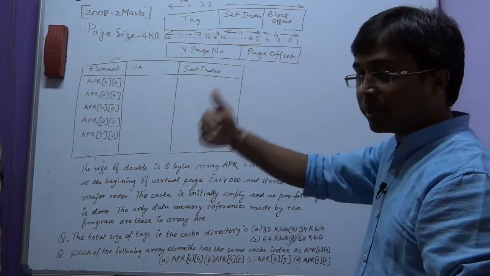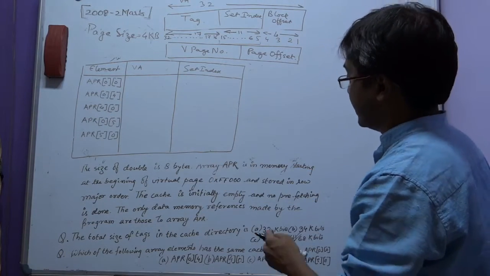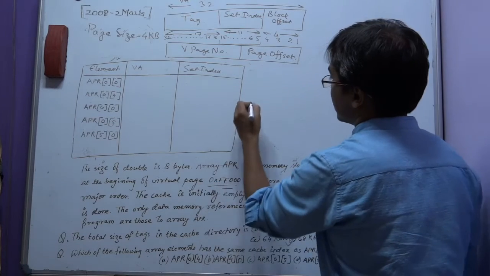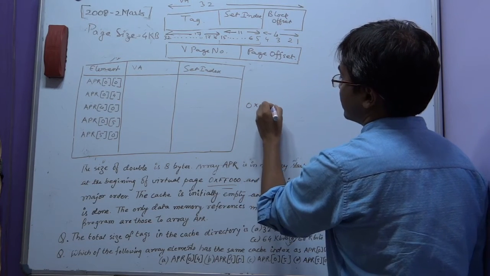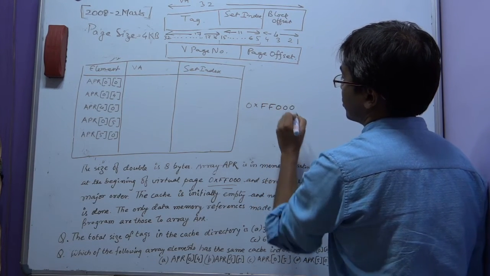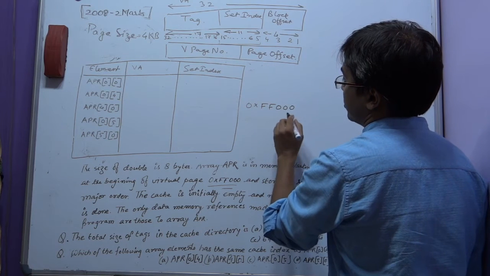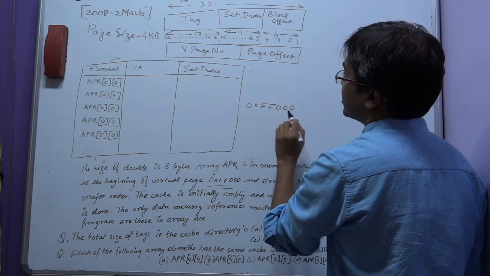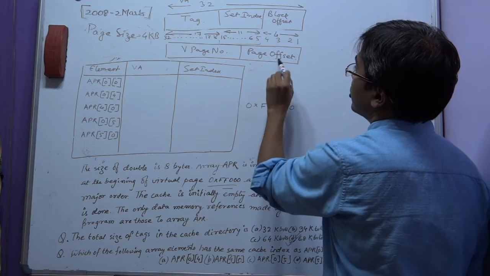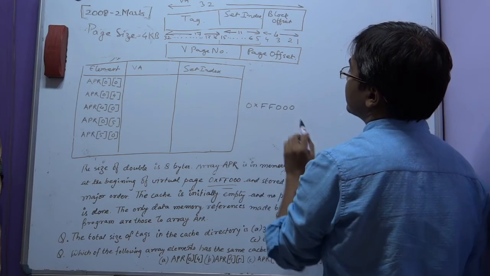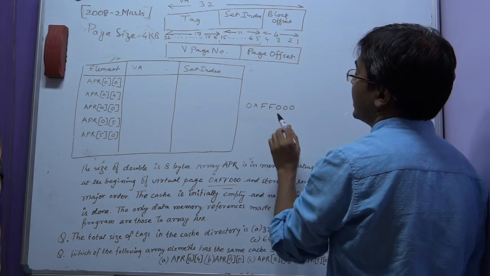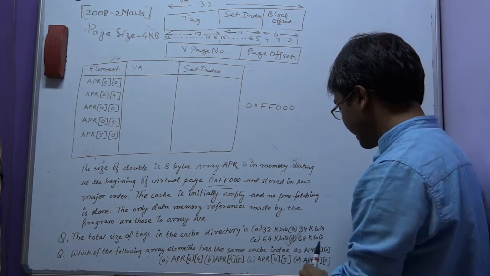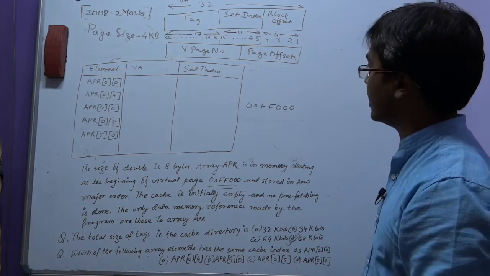That means it is at the beginning of the page, right? So this is 0xFF000, the virtual page number, and if we concatenate the page offset of the first element to it, then we get the full virtual address of the APR00 element.